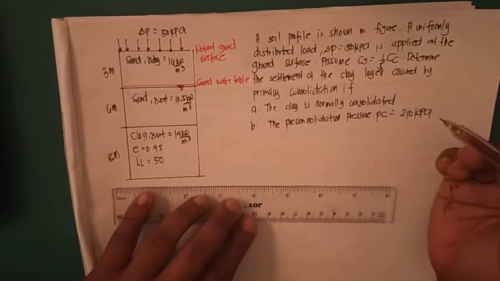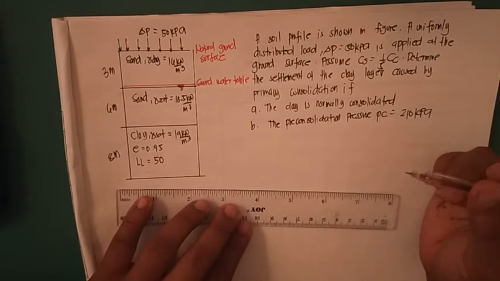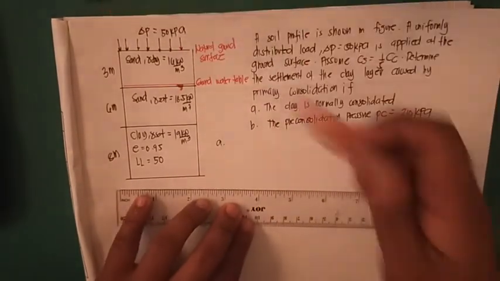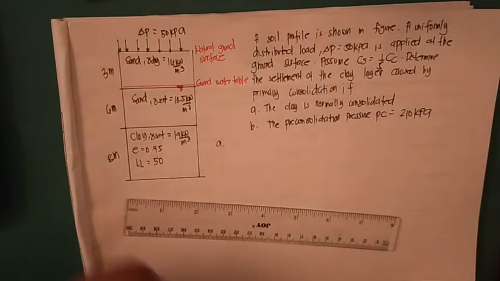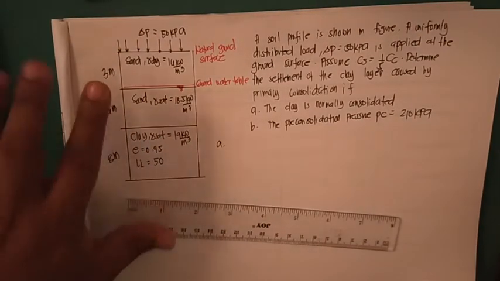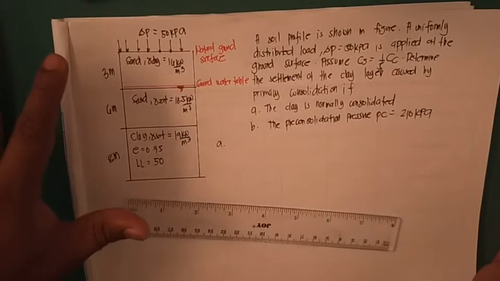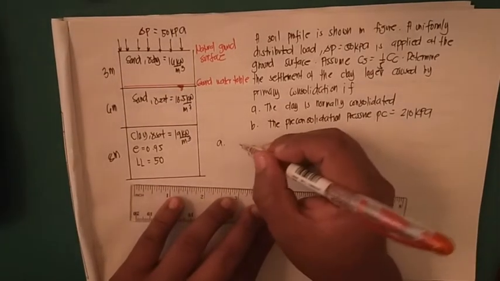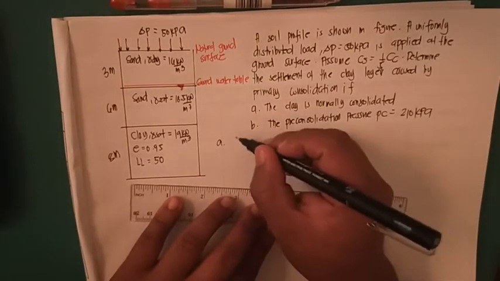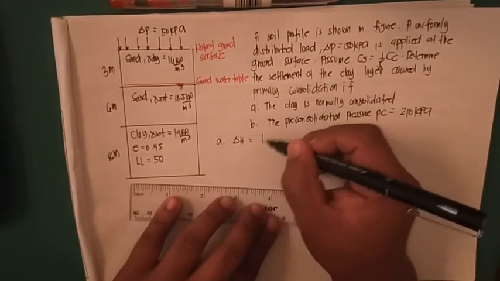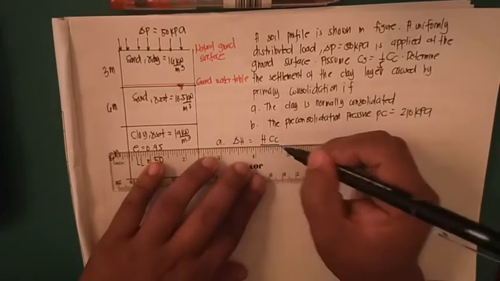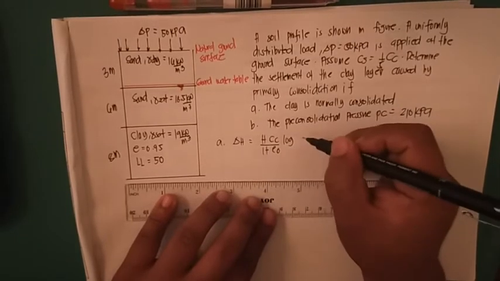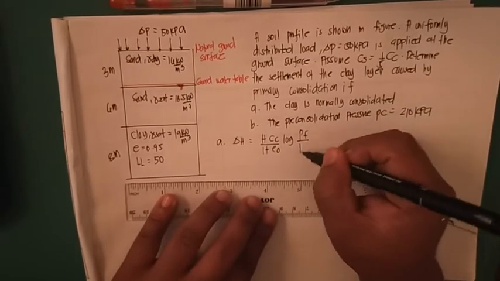Okay? So for letter A, unlike the previous problem, the density is already here. We can do direct calculation. So for letter A, delta H is equal to H Cc over 1 plus eo, times the logarithmic function of PF over PO.